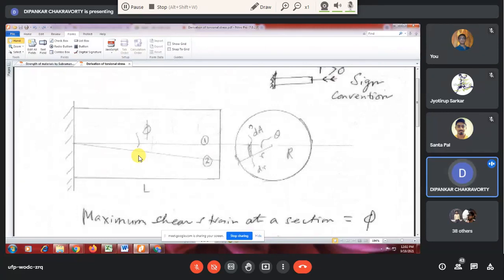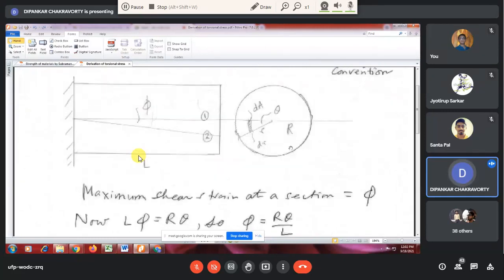Now, if you really look at the cross section of the shaft, then you will see that this particular line has come down here. So the angular shift here is theta, which is called the angle of twist. So the angular change along the length of the shaft is called the shear strain, and the angular change in the cross sectional plane is called the angle of twist.